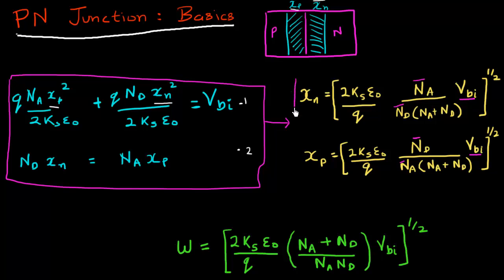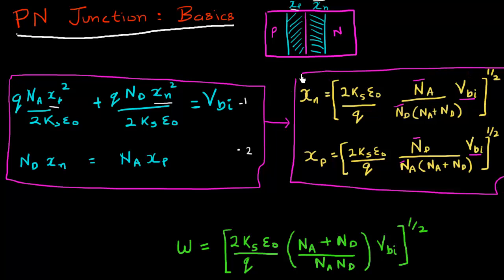So I get these relationships for xn and xp, and then I can express the total depletion width, which is the sum of the depletion width on the N side and the depletion width on the P side, and I get this formula for my depletion width, where it's related to the doping in this form.